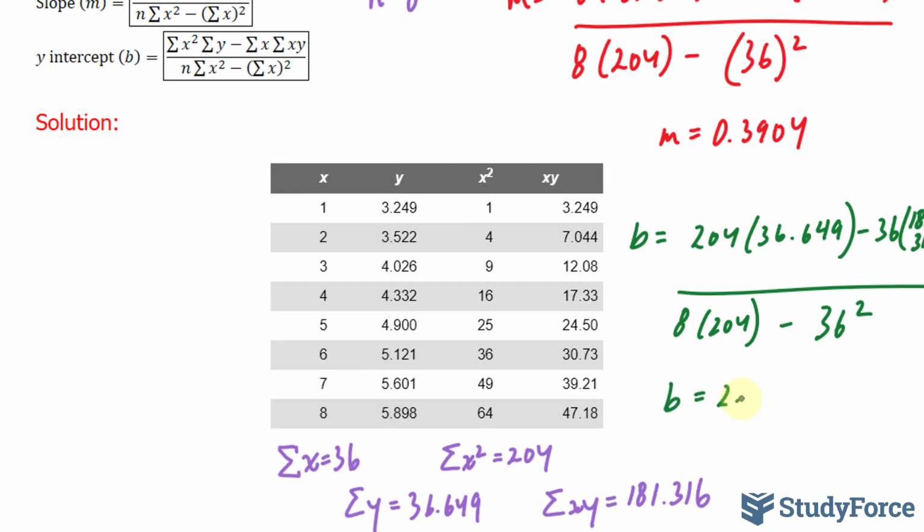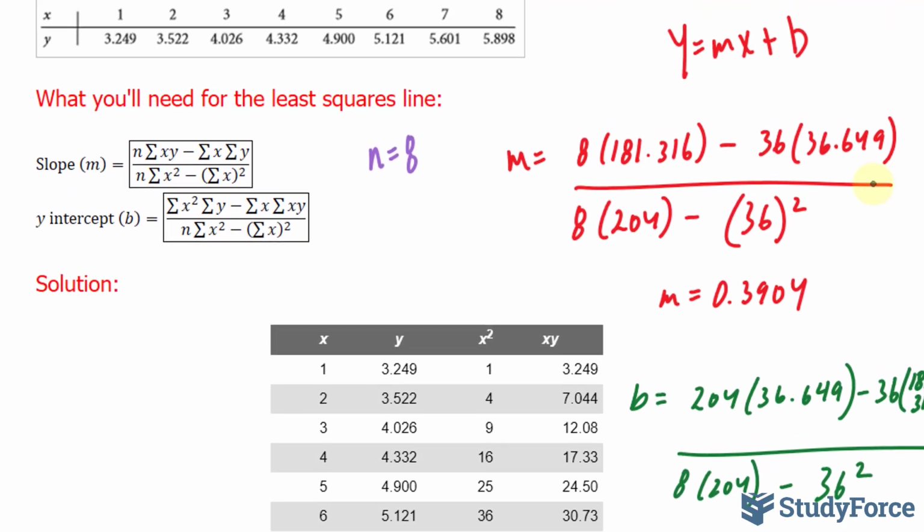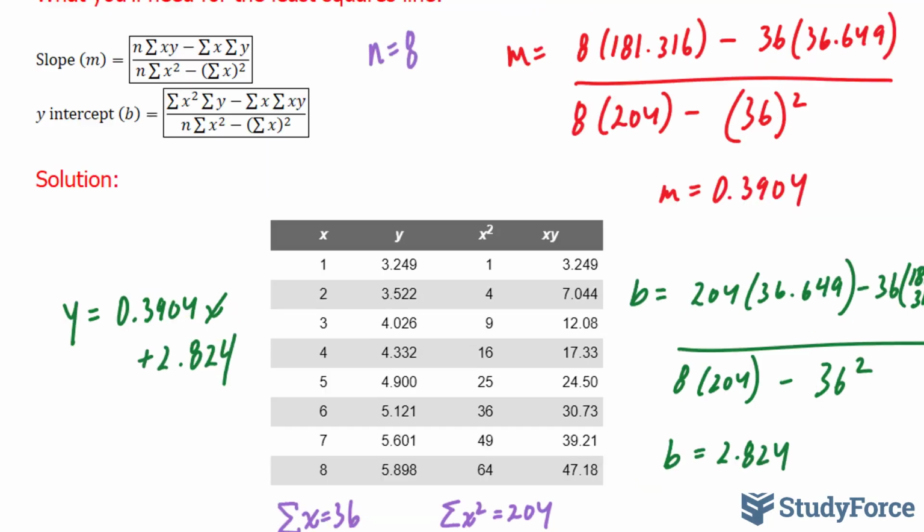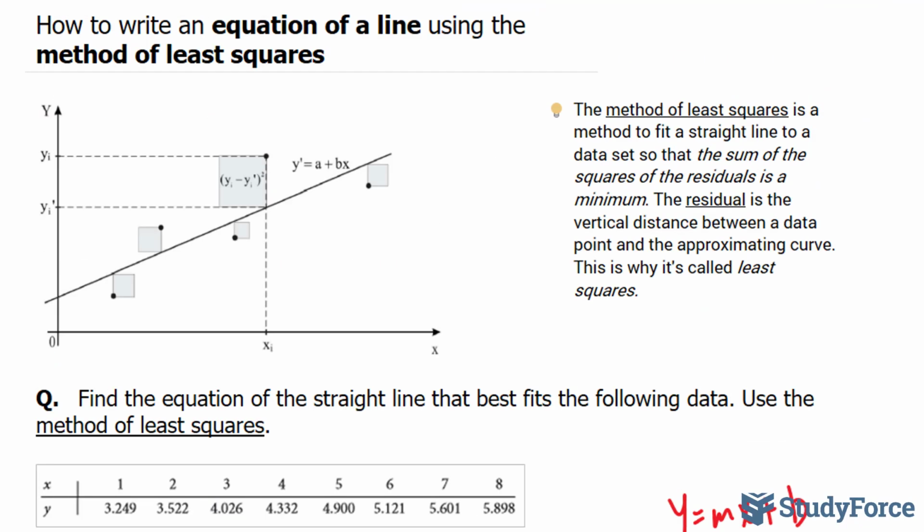B is equal to 2.824. Using the template that I wrote above, my equation for this line is y is equal to 0.3904x plus 2.824. And so there you have it. That is how to write an equation of a line using the method of least squares.